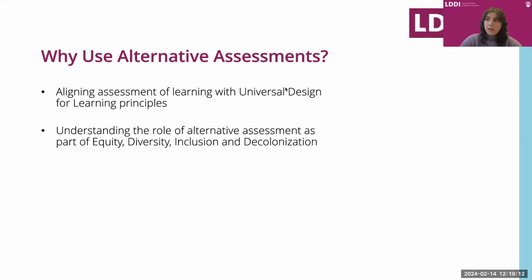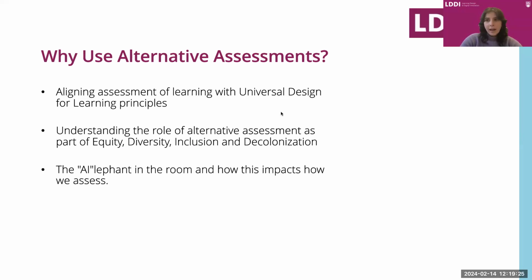The next piece is understanding that alternative assessments have a role to play as part of the bigger project of equity, diversity, inclusion, and decolonization. And then the last piece is the AI elephant in the room, the advent of generative AI tools, and some of the implications that it's bringing as we are looking at assessment.